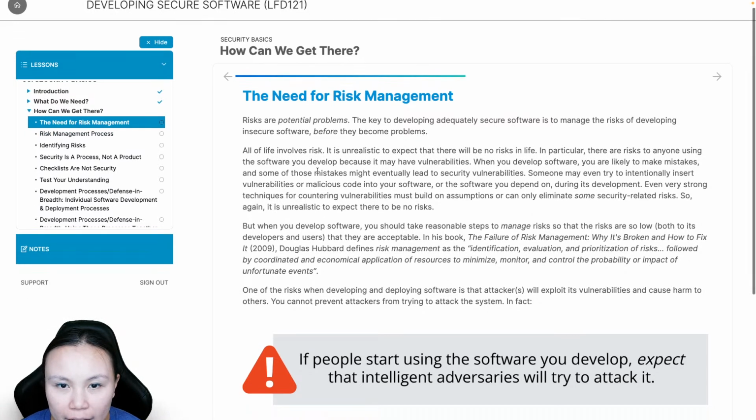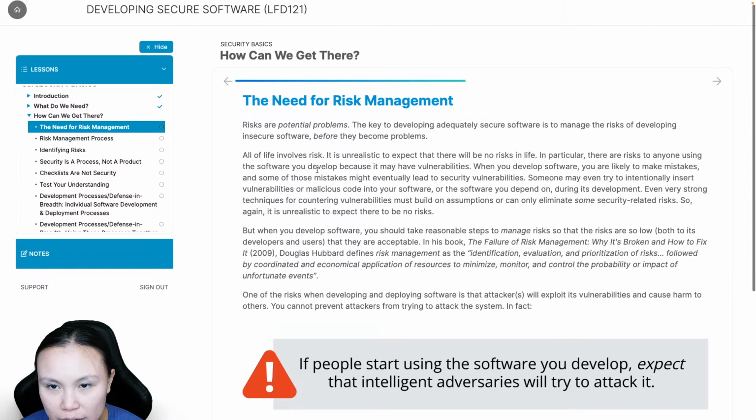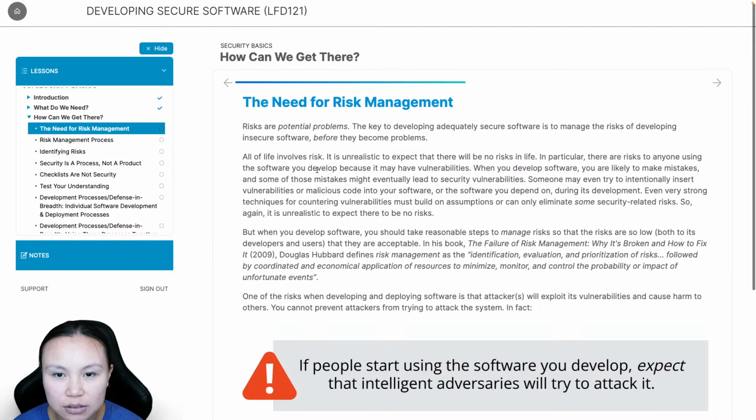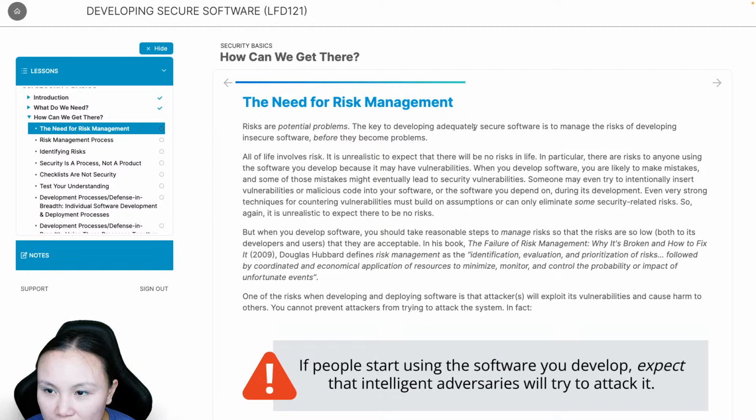The need for risk management. Like I just said, we need to identify those risks and manage them to minimize them. There's nothing perfect in this world. There's always risk in everything, but we have to manage them. So there needs to be a way. Potential problems: to develop secure software is to manage the risk of developing insecure software.